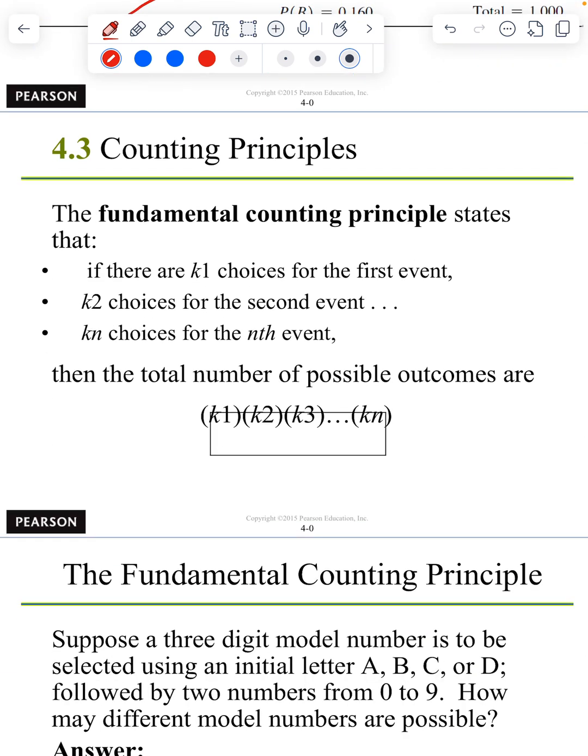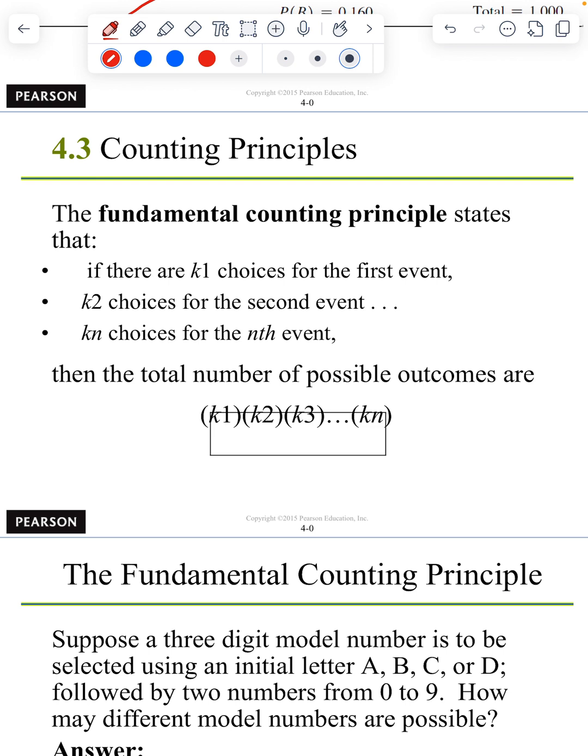The counting principles I like to compare to a menu or order choices at a restaurant. So, for example, if you're looking at Wendy's and they give you the biggie bag where you can get an appetizer, a dessert, and an entree, how you figure out the different outcomes of the biggie bag is you would multiply each of those together.